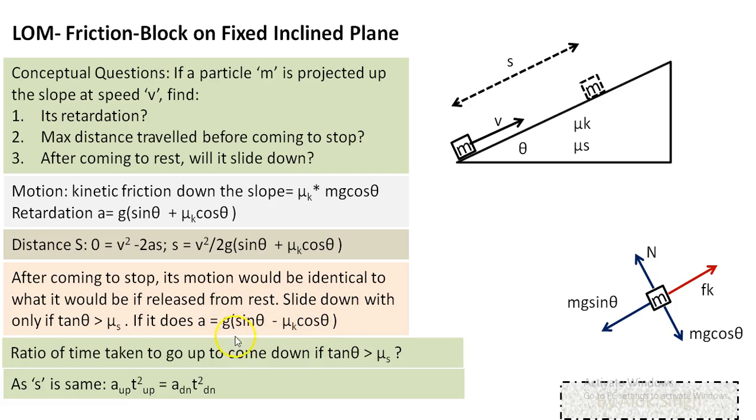Since the distance is the same, half a t square will be equal, or acceleration into the square of the time for the upward journey and the downward journey will be equal. So in the downward direction, since the acceleration is smaller, the time taken will be larger. In other words, time taken would be inversely proportional to the square root of acceleration.